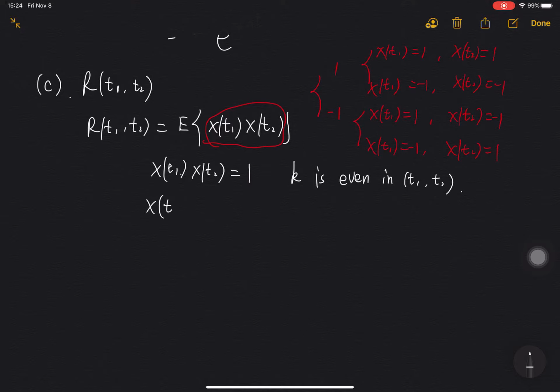And for the other situation, X(t1) times X(t2) equal to minus 1, k is odd in (T1, T2).